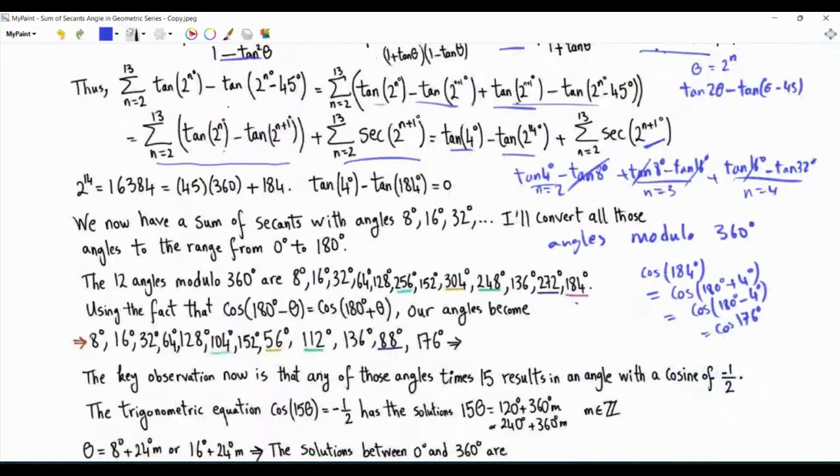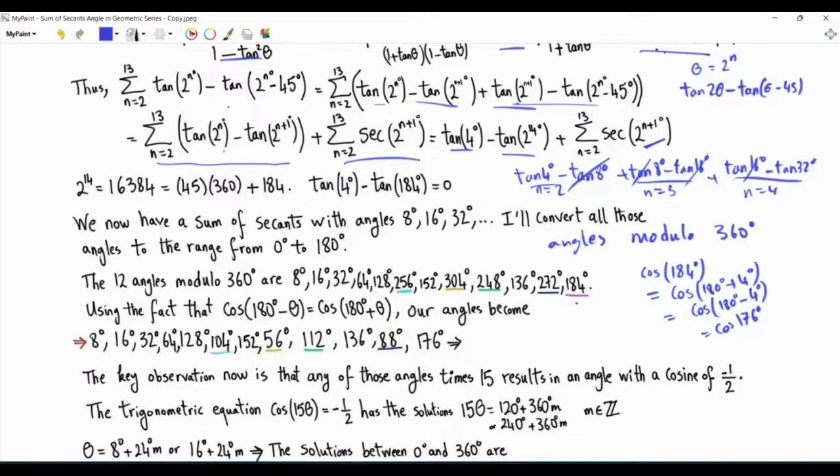So those are our angles. And now if you stare at those angles, what is the sum of sec 8 plus sec 16 plus sec 32 and so on? Is there any feature that unites all those angles?